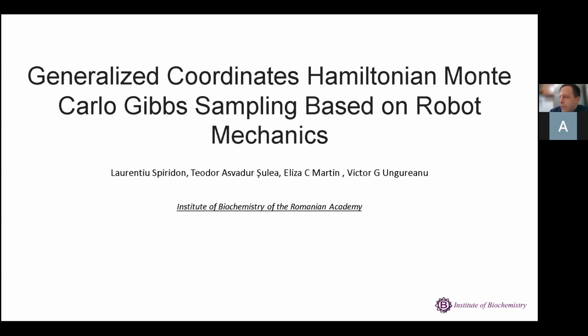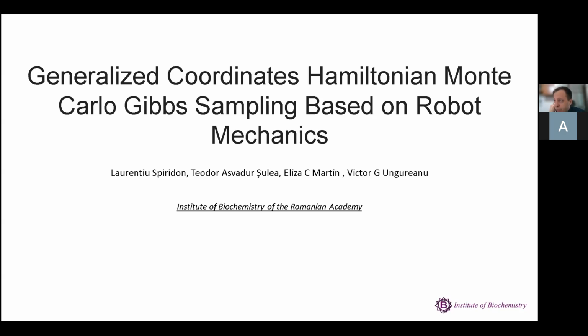So just briefly, I want to present my work related to molecular simulation. It's a new method that I've been working on for a little more than a decade, and it involves how to do molecular simulation a little bit faster.